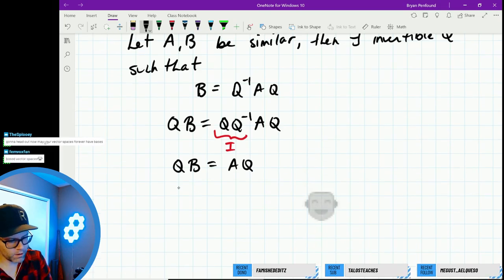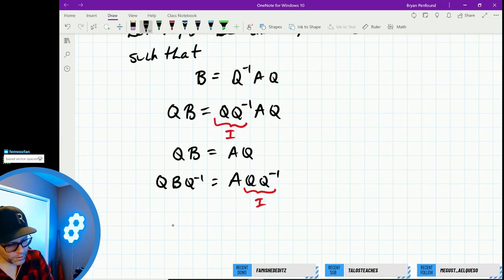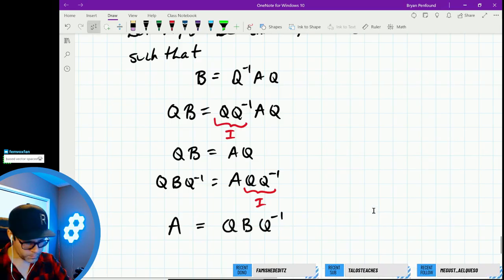And then the next step is to multiply by Q inverse. Once again, this multiplication gives us the identity matrix, allowing us to isolate A. So now I have this relationship that A should be equivalent to QB Q inverse.